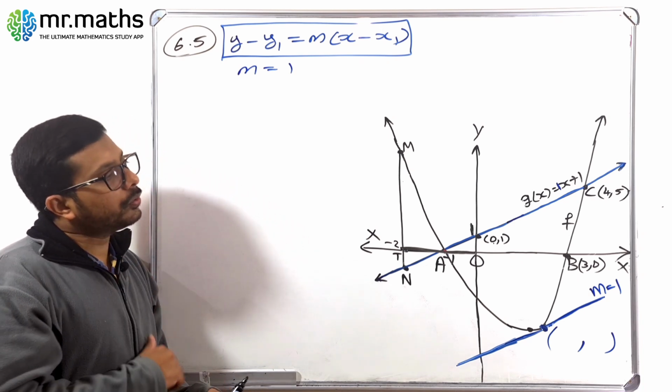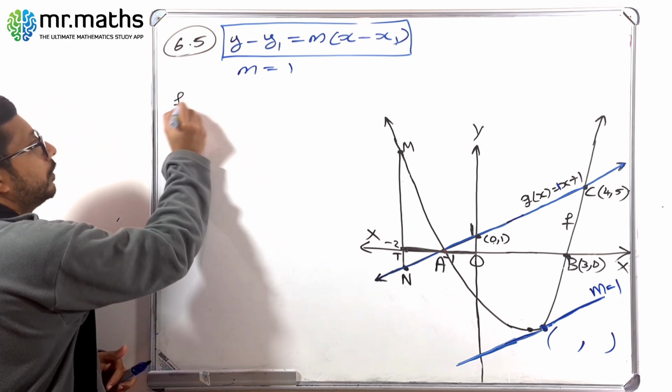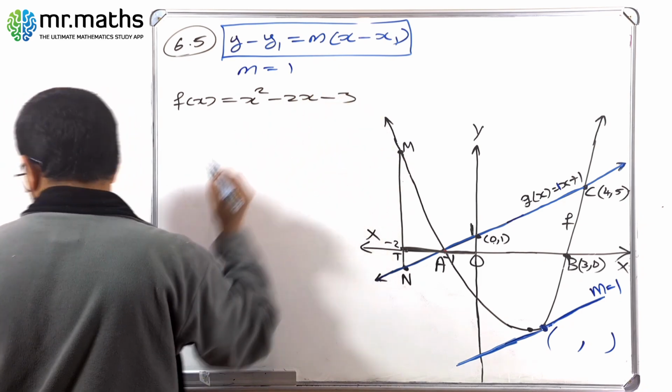Now try to understand like this. What is the equation of f of x? It is given in the question: x squared minus 2x minus 3. Am I right?